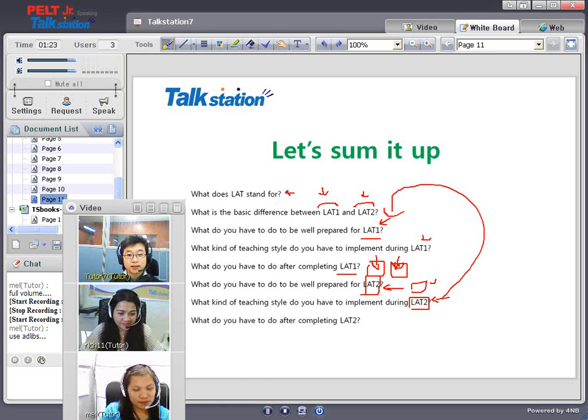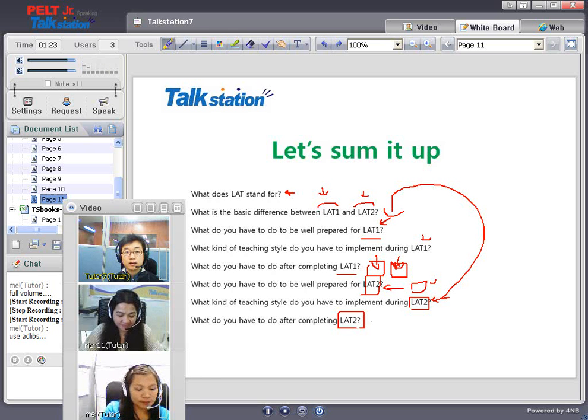Okay? And after completing LAT2, what can our tutors do? The tutor must assess the response of the student to the recommended book. Exactly. And also, the second LAT tutor could ask some questions for clarification from the first tutor who conducted the first LAT.